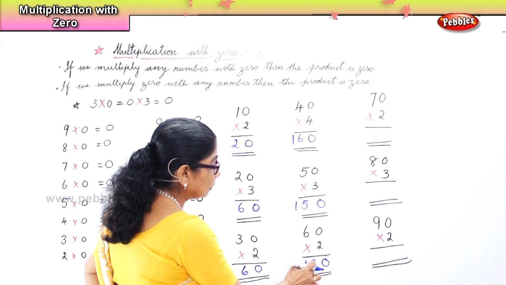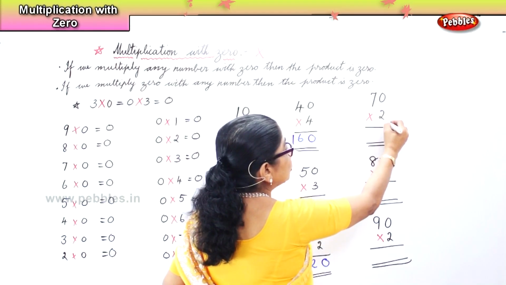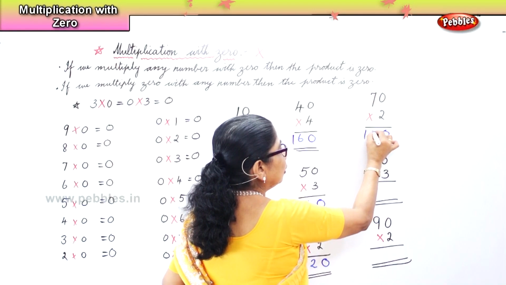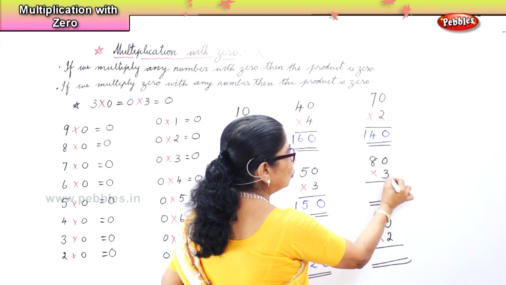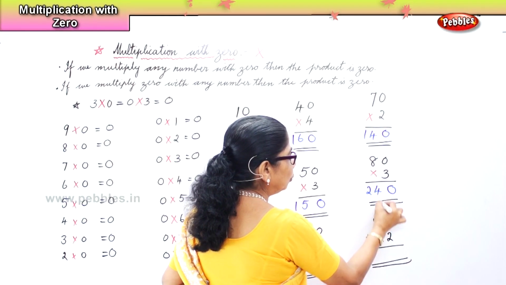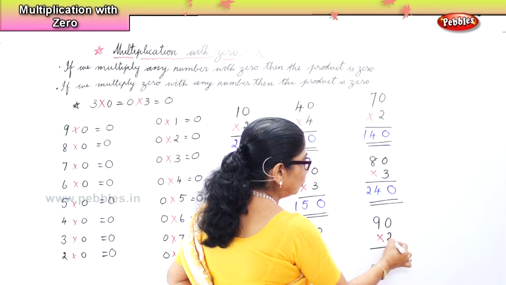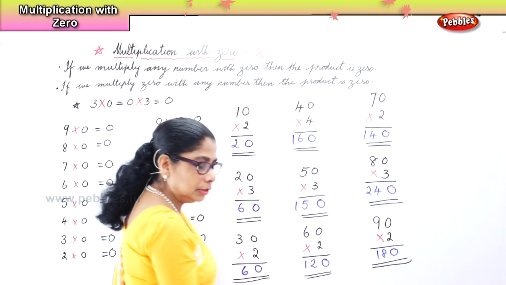And here 0 into 2 is 0, 7 twos are 14. 0 into 3 is 0, 8 threes are 24. And finally 0 into 2 is 0, 9 twos are 18.